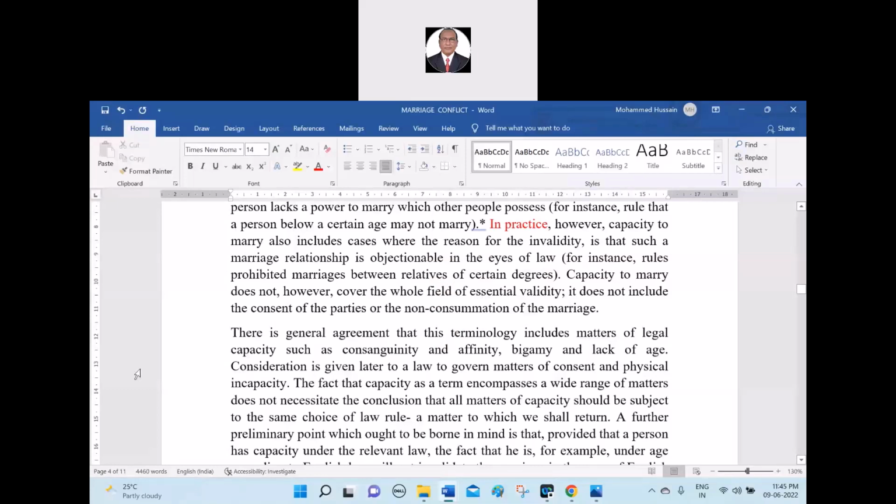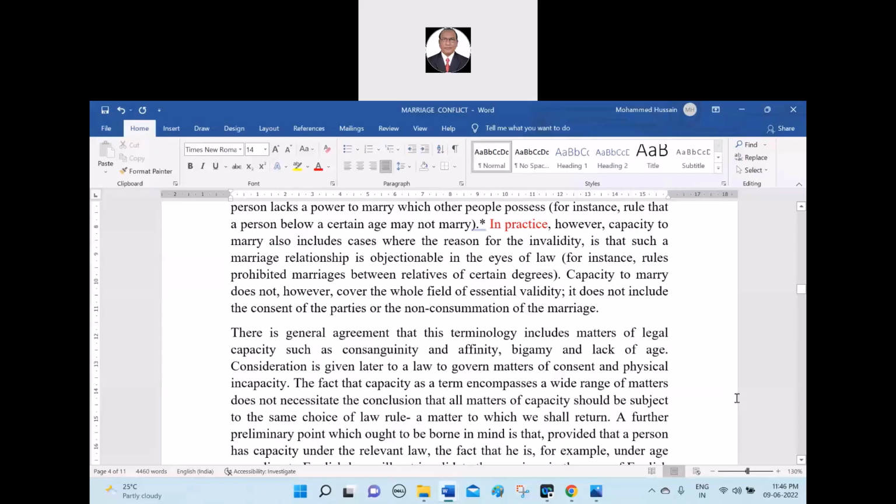Consideration is given later to the law to govern the matter of consent and physical incapacity. So when you want to marry, capacity is a very important factor, number one. Number two, all the conditions laid down in the Law of Marriage Act should be fulfilled. If they are domiciled in Tanzania or are Tanzanian citizens, and where the marriage is conducted over there, the formality of that marriage would be followed over there.